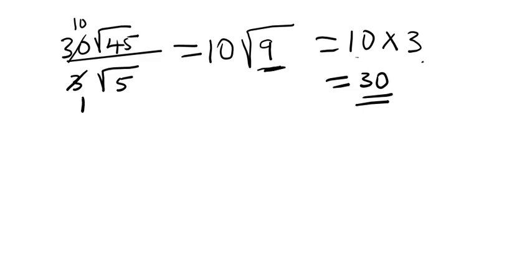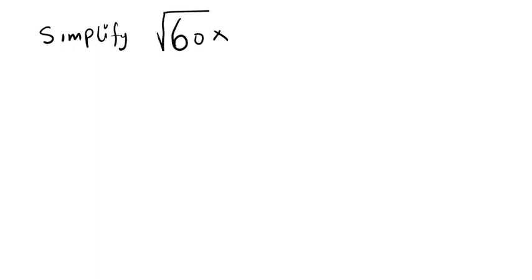Okay, let's look at this. Simplify square root of 60 multiplied by square root of 180 divided by square root of 75.